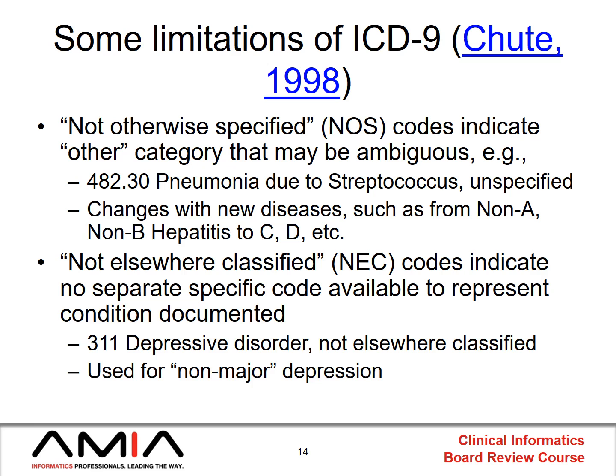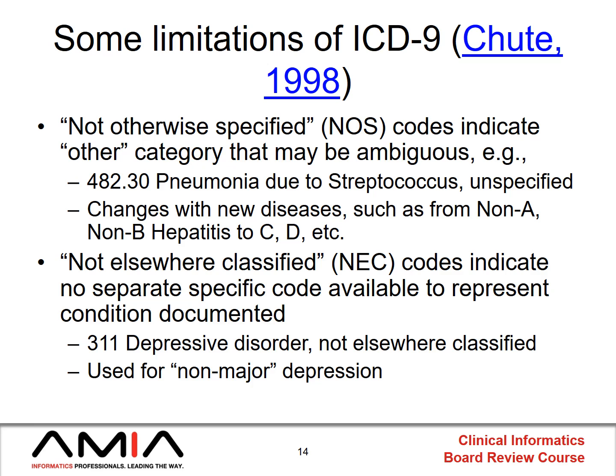When some of us trained, the term non-A, non-B hepatitis was used, but of course, over the years, we've discovered hepatitis C, hepatitis D, and many others, and so non-A, non-B hepatitis may change over time. So these unspecified terms may change over time.